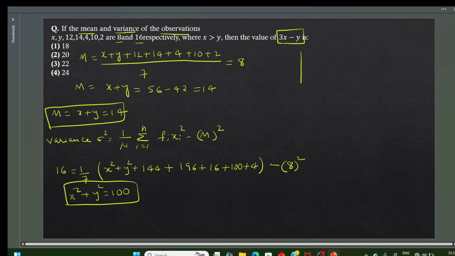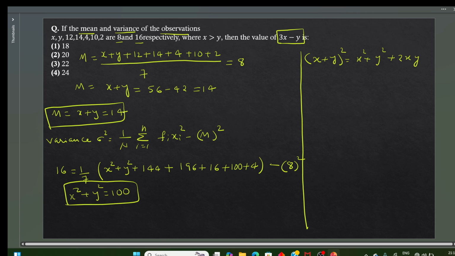So we know here x plus y is equal to 14 and x square plus y square is equal to 100. Using the formula (a plus b) whole square equals a square plus b square plus 2ab, x plus y whole square is equal to x square plus y square plus 2xy.